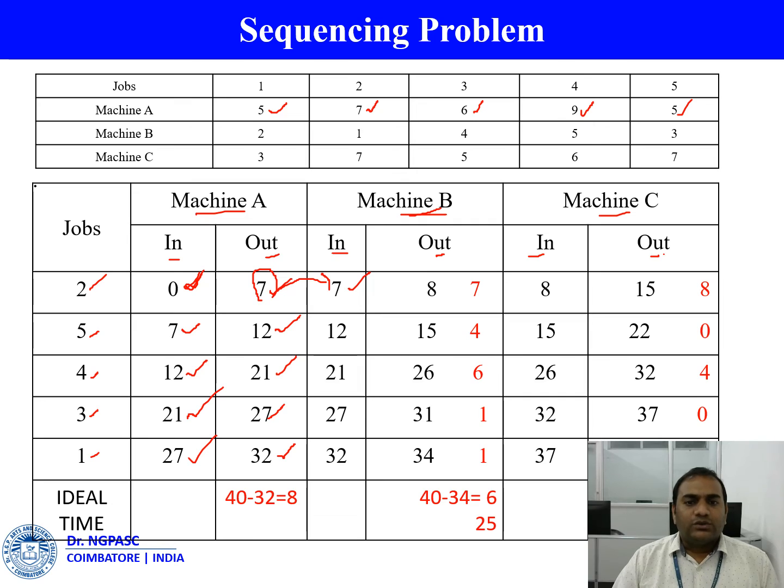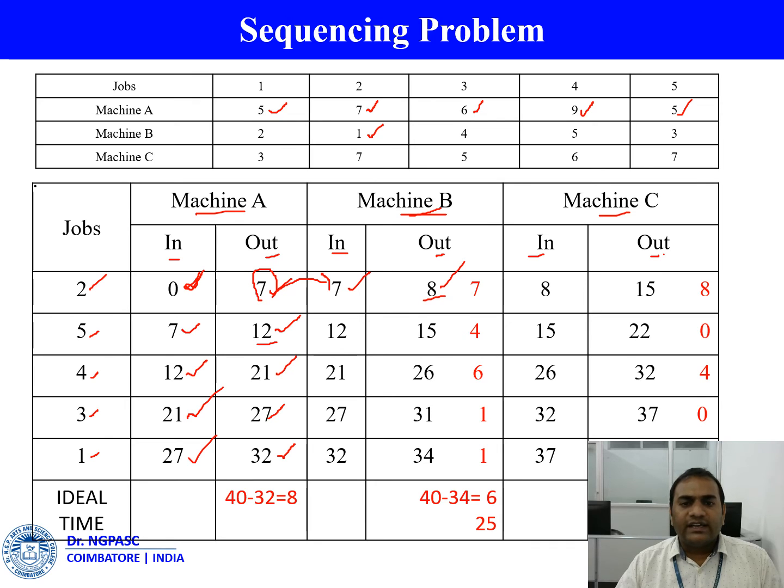Next, for job 2 in machine B, the processing time is 1. So 7 plus 1 is 8. Then 8 goes to the time in of job 5, but the output of job 5 in machine A is 12 hours, and the input is 8 hours.